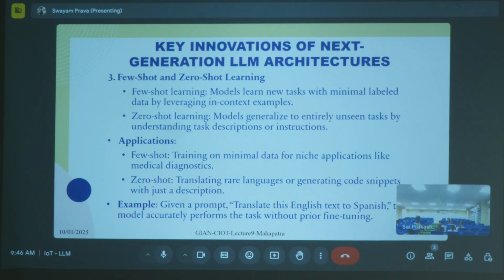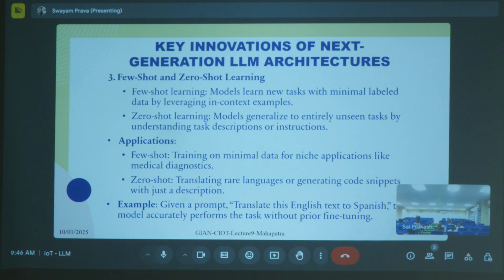In zero-shot, we do not give any kind of examples for the task and then it tries to give us the output. So the application of few-shot is training on minimal data such as some medical diagnostics, which does not have many findings yet.